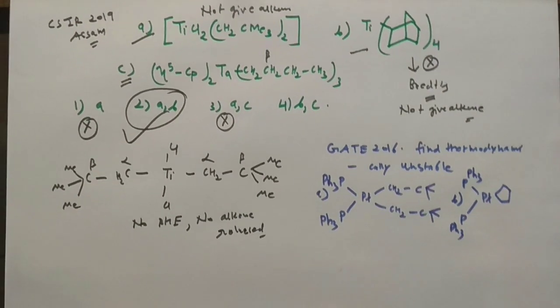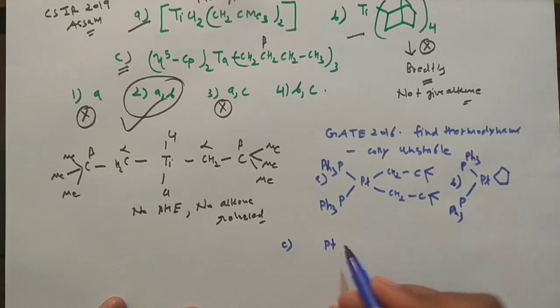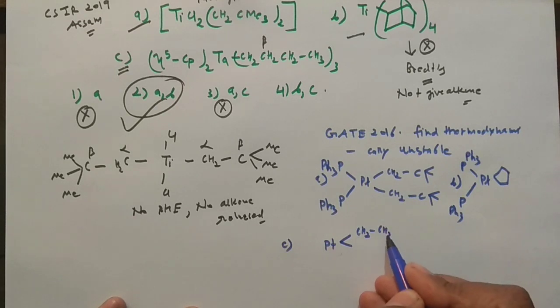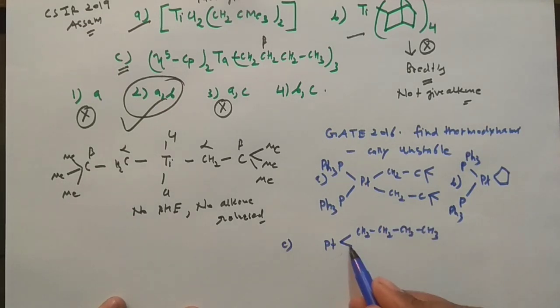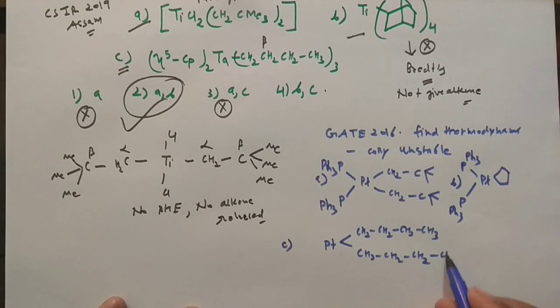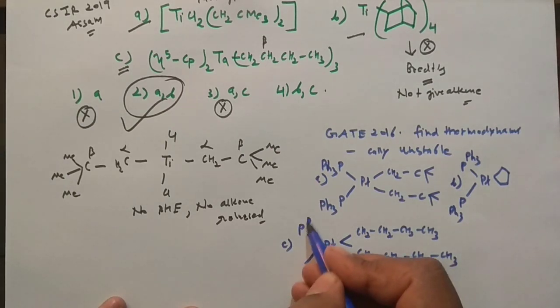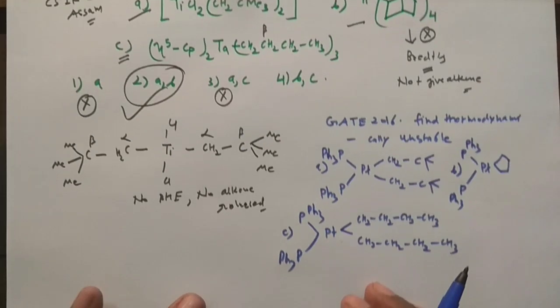Two complexes. The third complex they have given: platinum, and here CH2, CH2, CH2, CH3, and the same part is also attached here, CH2, CH2, CH2, CH3, and here PPh3. Here also PPh3.